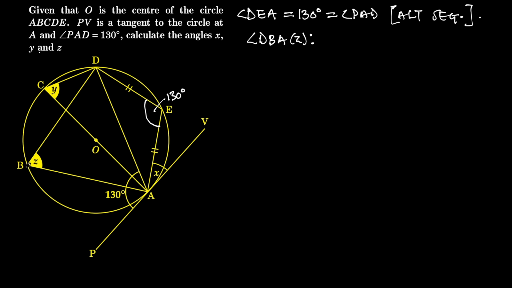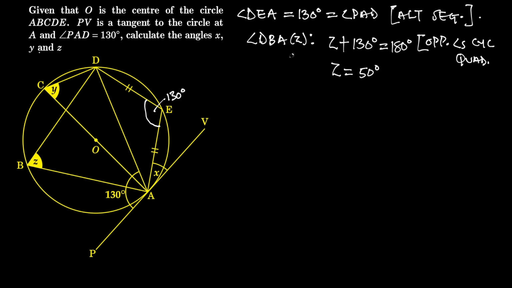If you look at BDEA, you're going to notice that it's a cyclic quadrilateral, and we know that the opposite angles of a cyclic quadrilateral sum up to 180 degrees. So I can just say opposite angles of a cyclic quadrilateral. So Z is equal to 50 degrees. So I take this as 50.